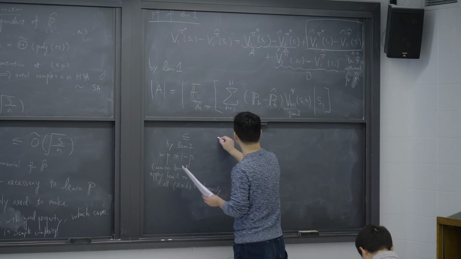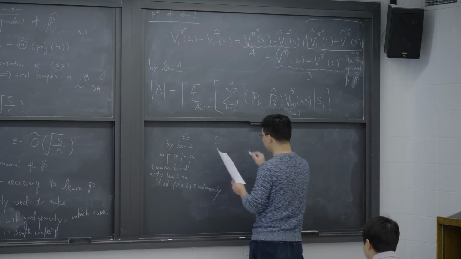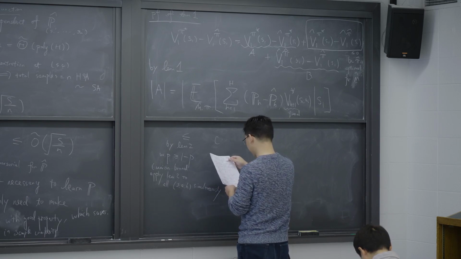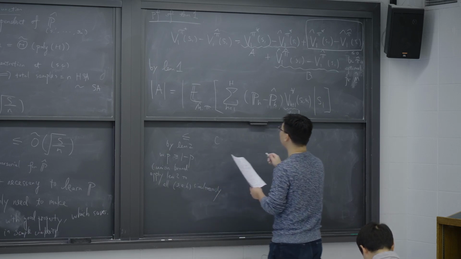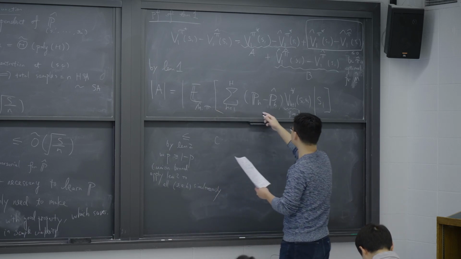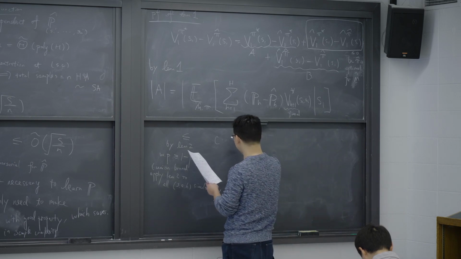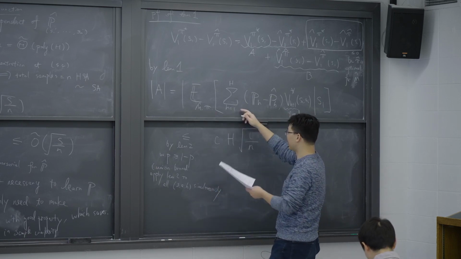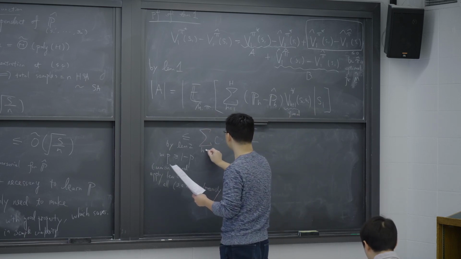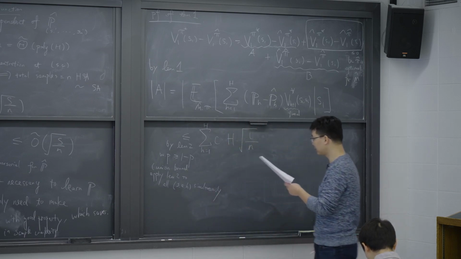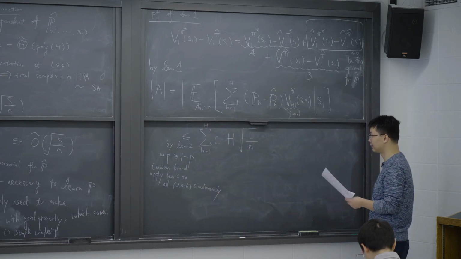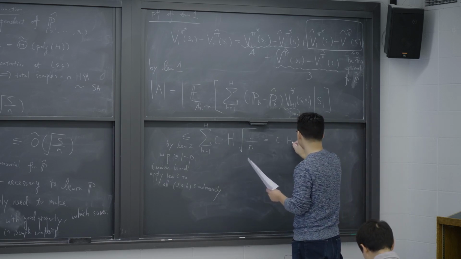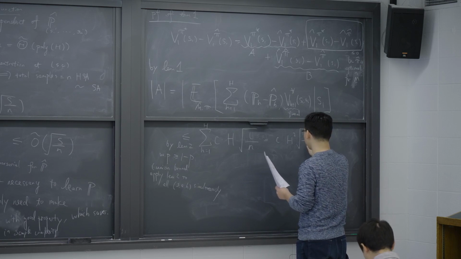So we say this is smaller than C times... each term, if we push expectation inside, each term is smaller than C times H iota over N. But we have an additional summation there, so we just say summation h from 1 to capital H. And this is equal to C times H squared iota over N.